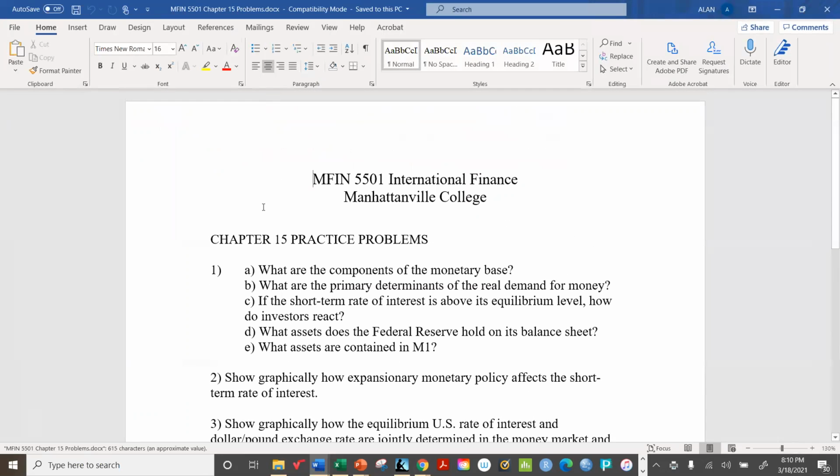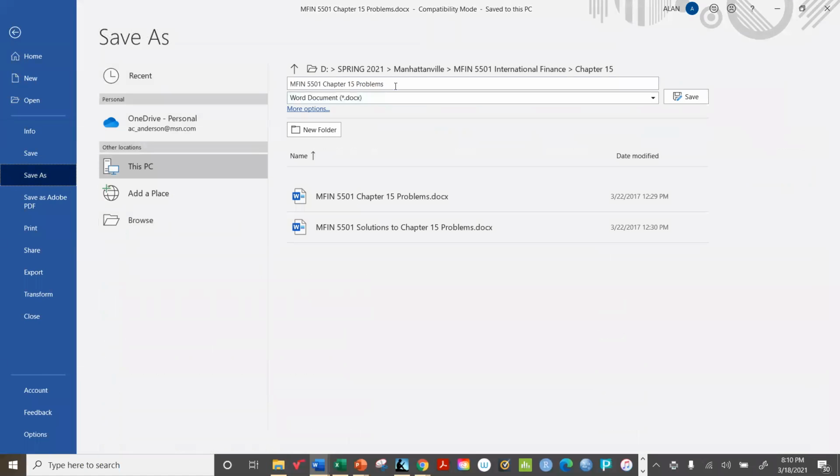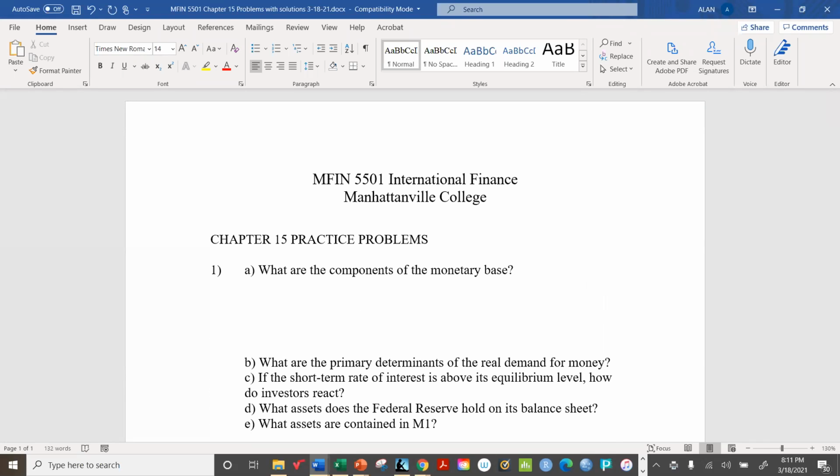Oh, well, this one's quite short by comparison. And while we're at it, this is fine. I'll save it here. Okay, so what's going on here? Now, some of these are just short answer, but we do have several graphs that we have to do as well.